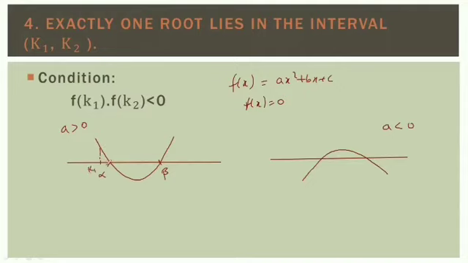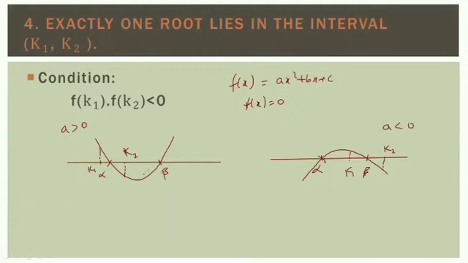So we'll plot k1 on the left side of alpha and k2 on the right side of alpha. Similarly, we can also plot k1 on the left side of beta and k2 on the right side of beta, because it is saying exactly one root lies, so it can be alpha or it can be beta.